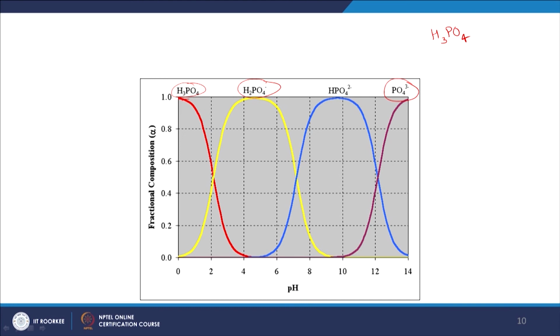In general it has 3 pKa values, one is around 2.3, the other is around 6.6 for now, it is an approximate value, and this is going to be 12.1, right. So 3 pKa values.